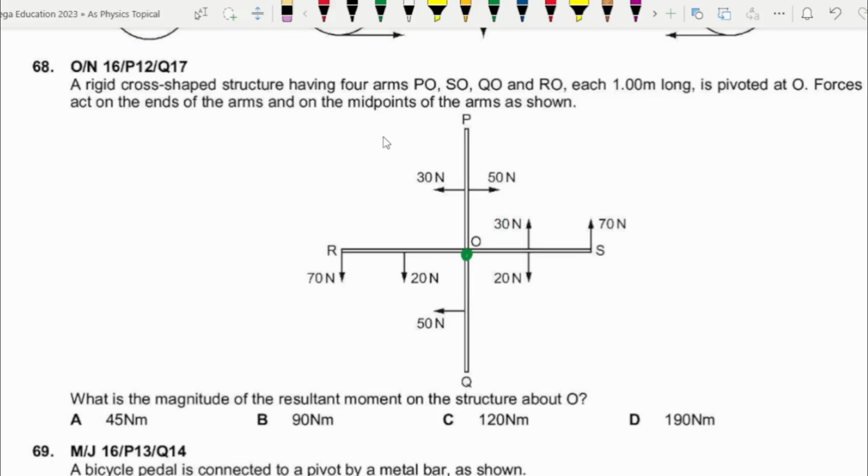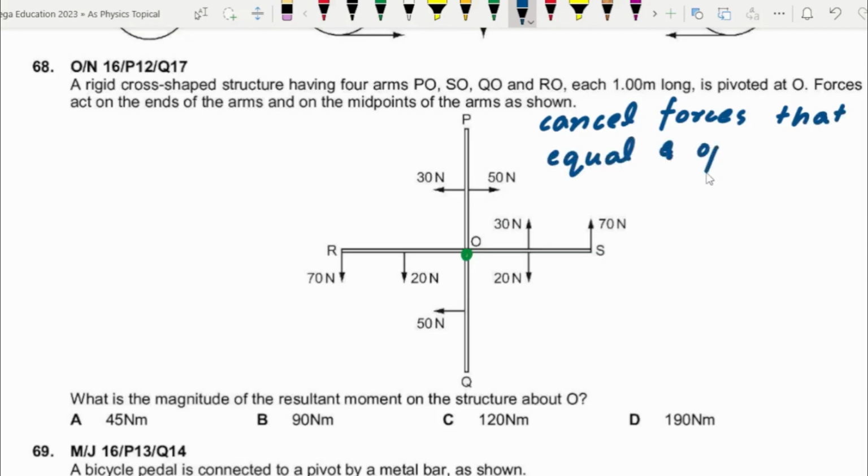What you can do in order to save time is cancel out the forces that would produce equal and opposite moments, because for those the resultant moment would be 0. For example, one of the forces here is 20 Newton, and it is 0.5 meters to the left of the pivot.